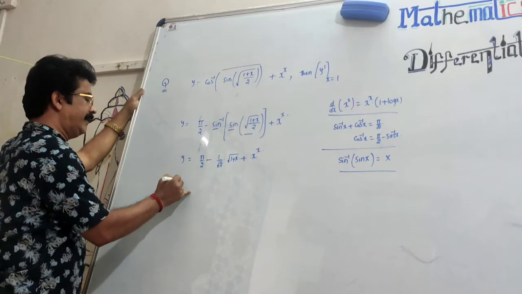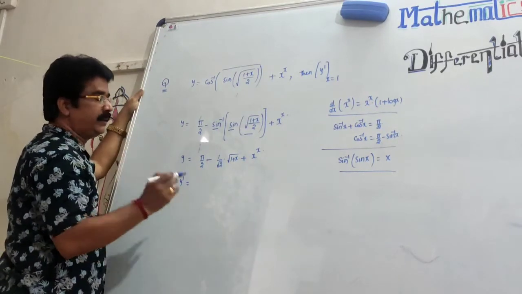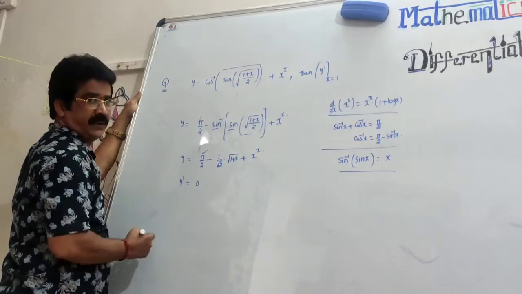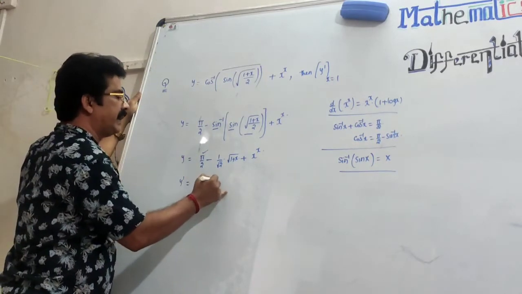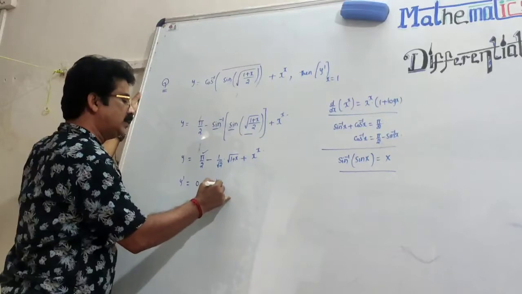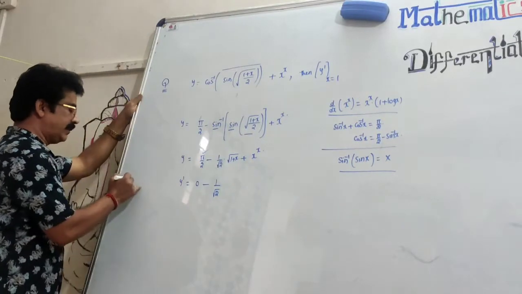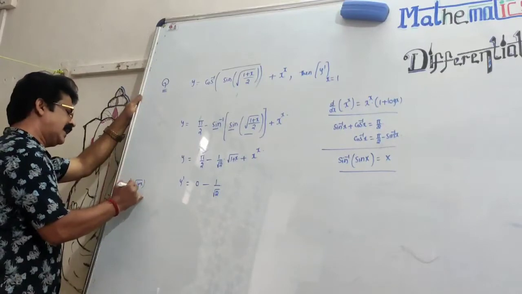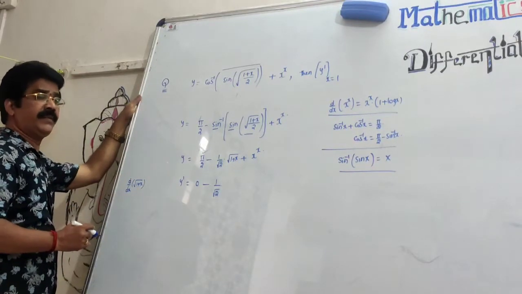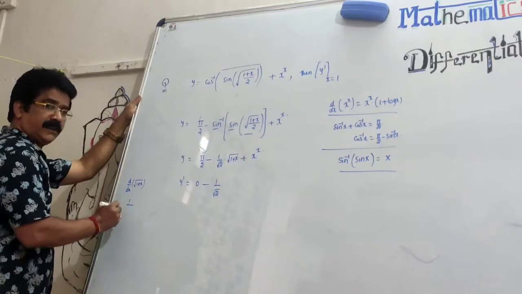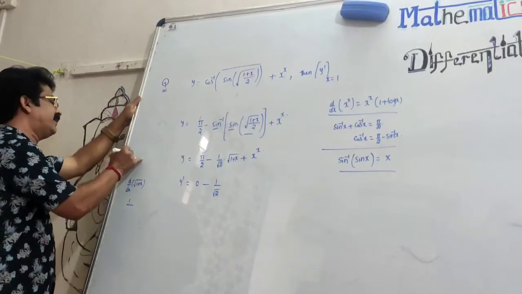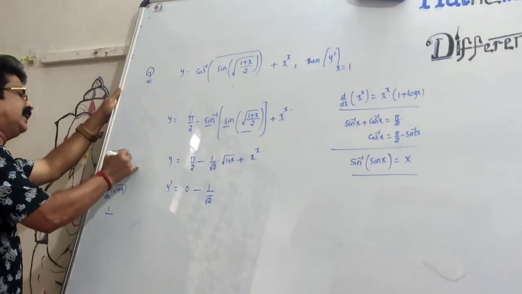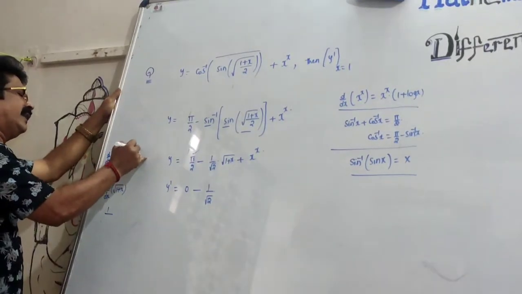So therefore y dash equals the derivative. Pi by 2 is a pure constant. There is no x, therefore its derivative is 0. D by dx of constant is 0, minus 1 by root 2 into d by dx of root of (1 plus x). First I will write the formula: d by dx of root of f of x equals 1 by (2 root of f of x) into f dash of x.